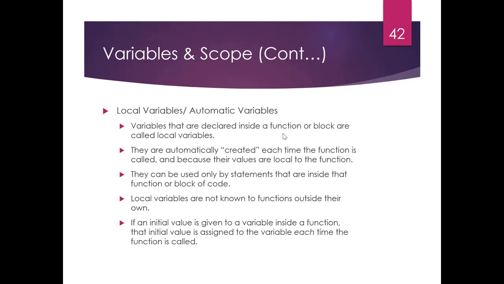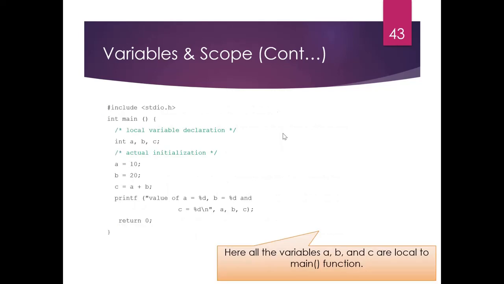Local variables are not known to functions outside their own. If an initial value is given to a variable inside a function, that initial value is assigned to the variable each time the function is called.